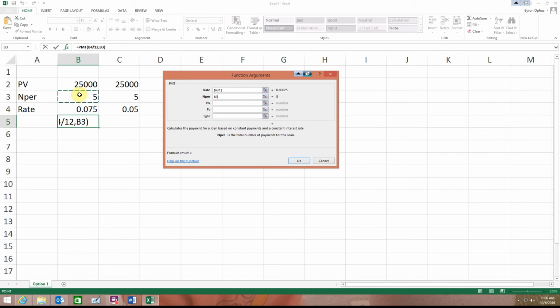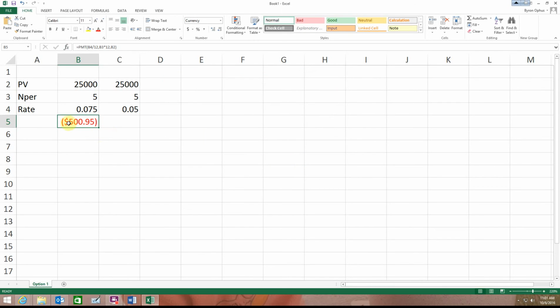Again, I could say 5 times 12 or 60, but I can also just click that and multiply it by 12 right there, and you see it's giving me the proper number. Then my present value is the 25,000. So $500.95 would be my payment given that.